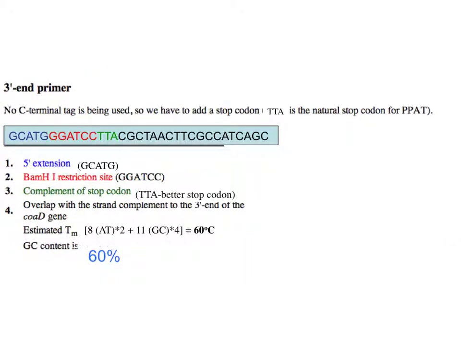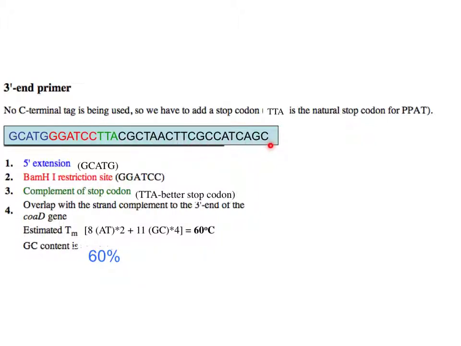The 3' end primer, in this case, is designed as shown here. There's no C-terminal tag, and as a result, we can add a stop codon, at least the complement to the stop codon for the PPAT gene. And so again, you have a 5' extension. This time your restriction site, in this case it's BamHI, then the stop codon, right?